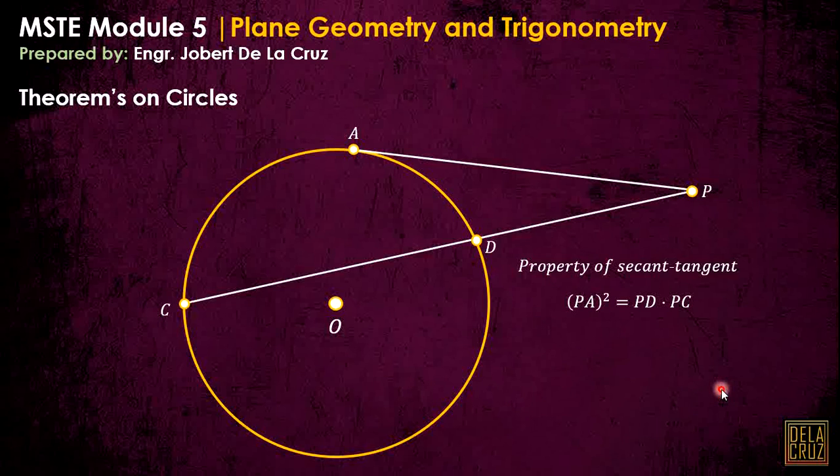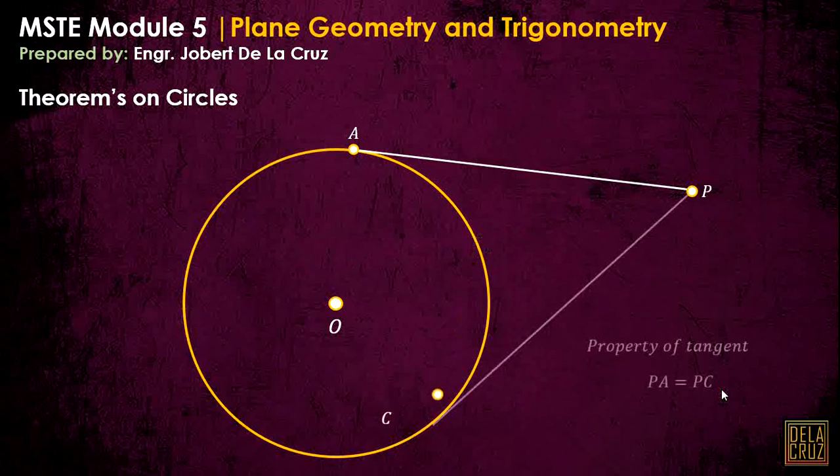If these two lines are both tangent, then the two lines are equal. And if we project this to the center, then we have 90 degrees here and 90 degrees here.